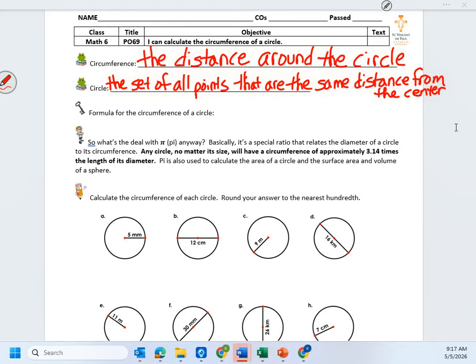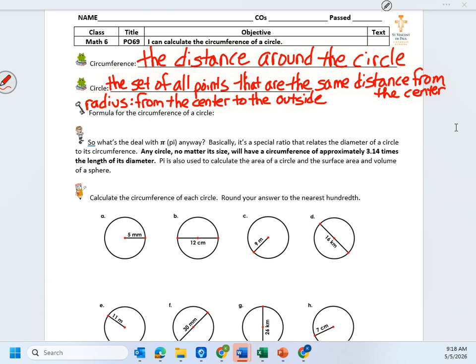In a circle, we have a radius. The radius is from the center to the, I'm going to call it outside.